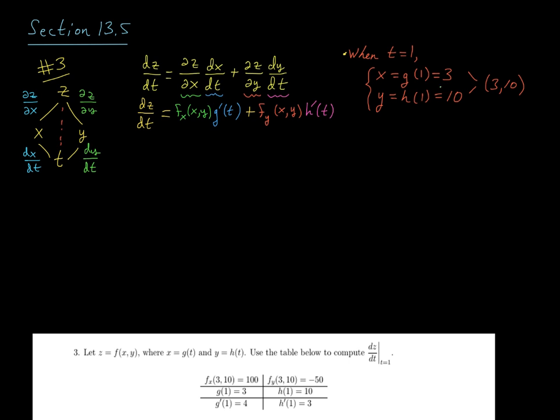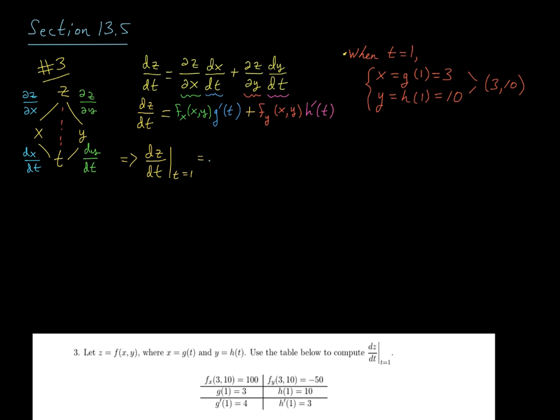But then also from what I just said, as far as x and y are concerned, we're just going to evaluate these partial derivatives of f at the point (3, 10), and we're given all of that necessary info in our table. Okay, so let's go ahead and execute that. We've got dz dt evaluated at t equal to 1.